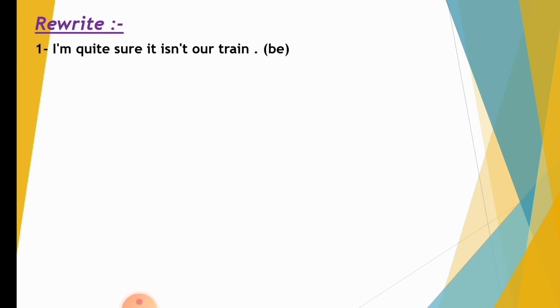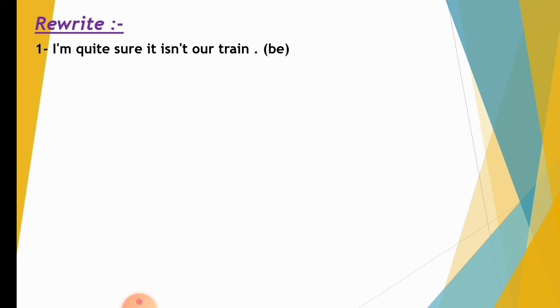Now it's time to examine ourselves. Let's see if we understand the grammar lesson in a good way or not yet. Question number 1. I'm quite sure it is not our train. Take care here. We have sure, not. I asked you to use be. So you have to think first before answering the question.